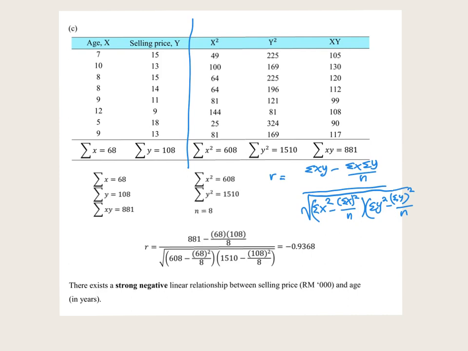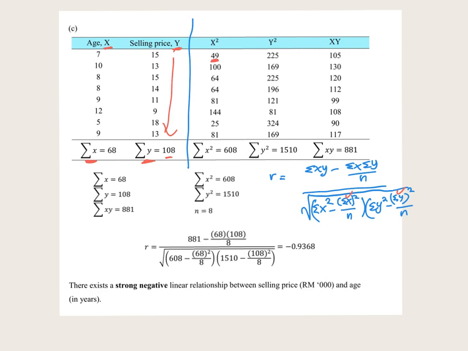First of all, you need to calculate all the values that you have. You total up everything at the end of this column, you're going to get summation of x. For y, you total up everything at the end of this column, you're going to get summation y. So you already have these values. Then you need to calculate summation x squared.